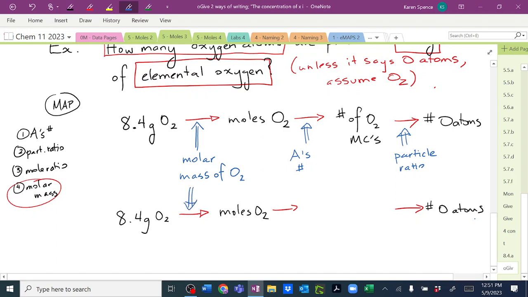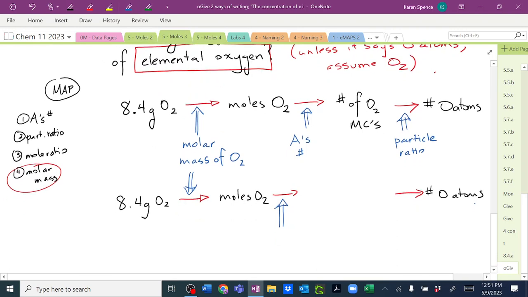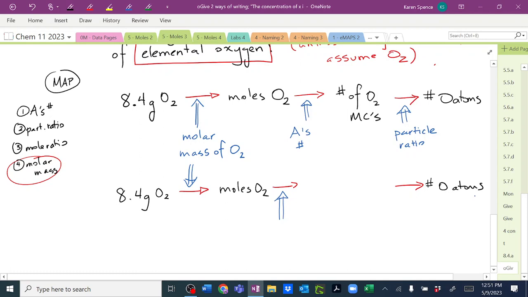There is another option here for what to convert moles of O2 into to get us closer to the number of O atoms. Anyone got a guess as to what we could convert it into?